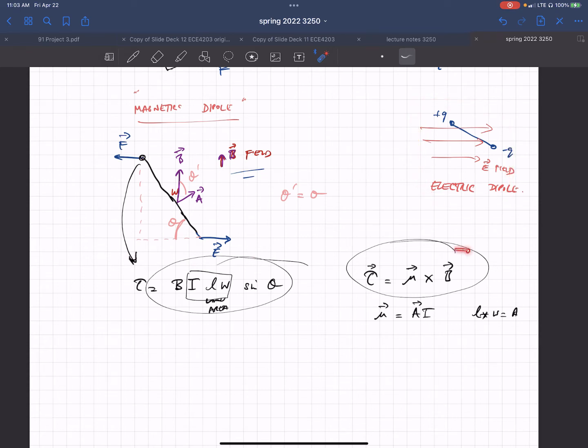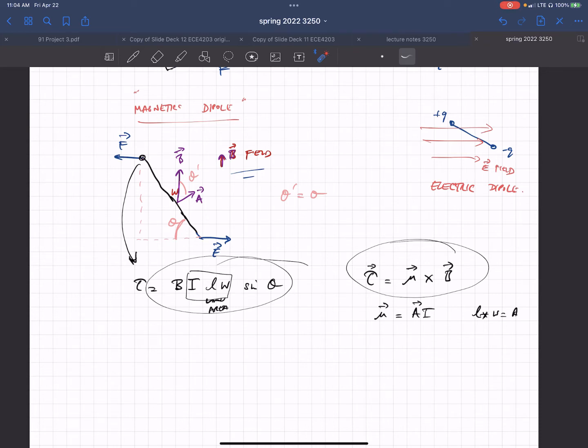The magnetic dipole will feel a torque that is dependent on the magnetic field, and then dependent on the area of the loop times the current flowing through the loop. Okay, and the field in this situation is going to try to set the torque equal to 0.